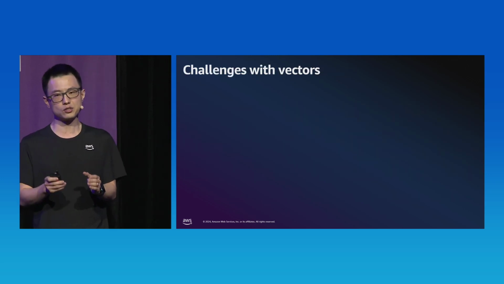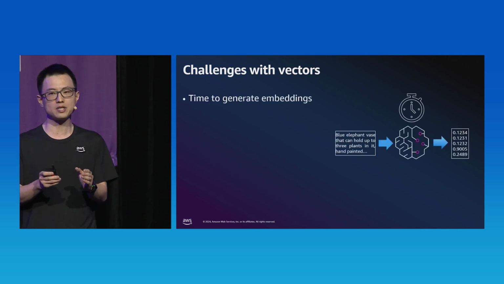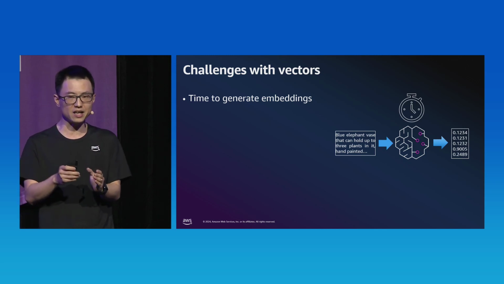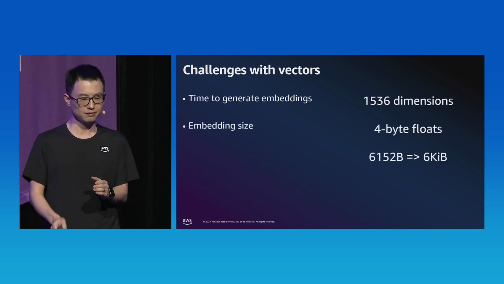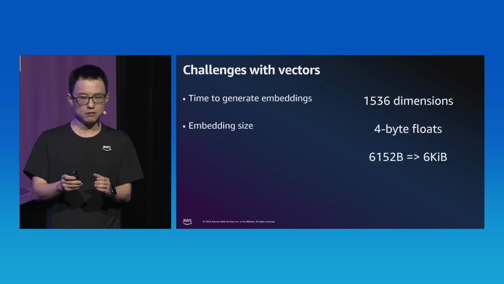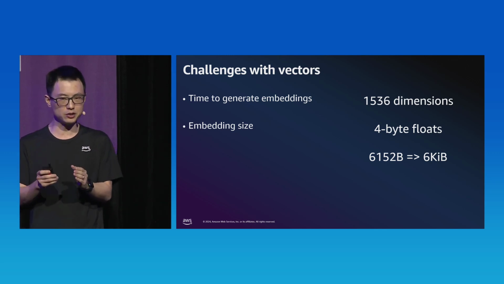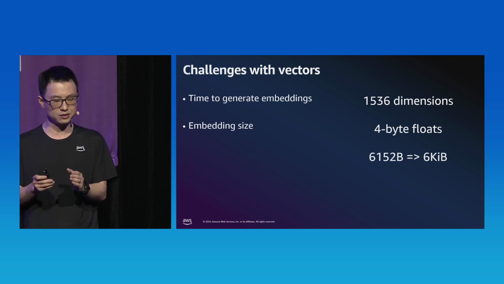There are challenges with vector data. As I mentioned, we need to use an embedding model to transform your data into vectors. That usually takes time. Also, modern embeddings usually have high dimensionality, usually over 1,500 dimensions.